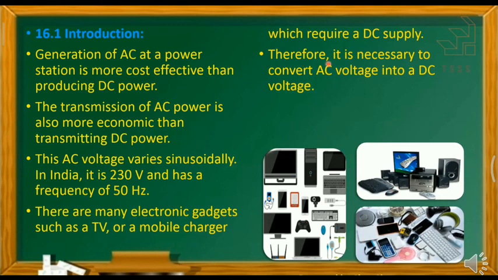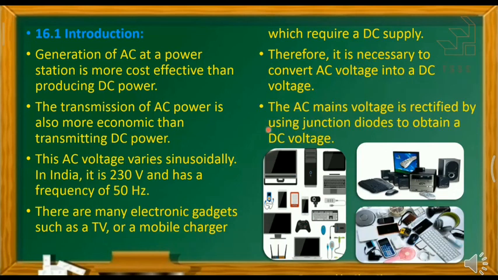Therefore, it is necessary to convert AC voltage into a DC voltage. At this time, the rectifier is introduced. The AC mains voltage is rectified by using a junction diode to obtain DC voltage.